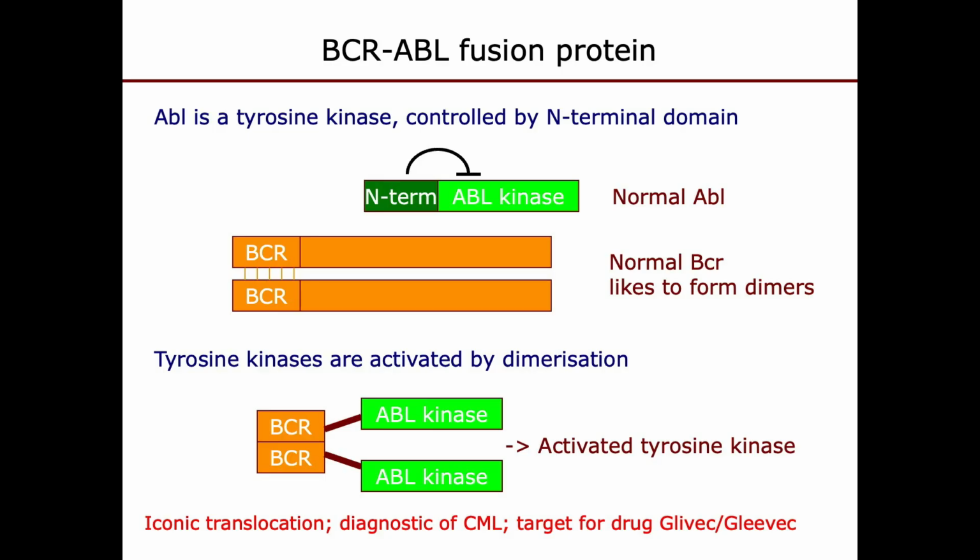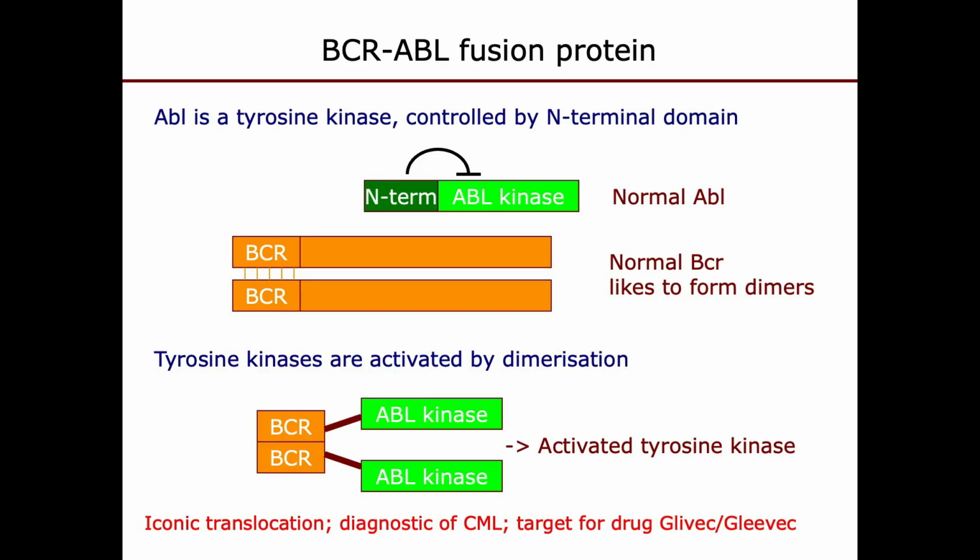This gene will now be driven by the BCR promoter, for example, which may well alter the expression compared to Abl kinase. The BCR binds the protein together into dimers or multimers, and the Abl kinase has both lost its N-terminal controlling domain and also, by forcing it to be dimerized, it's activated, because tyrosine kinases are activated by dimerization, and when they're dimerized, they autophosphorylate.